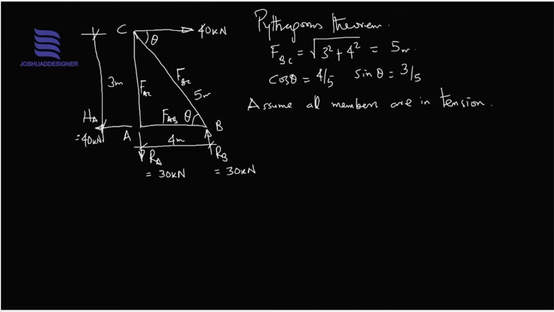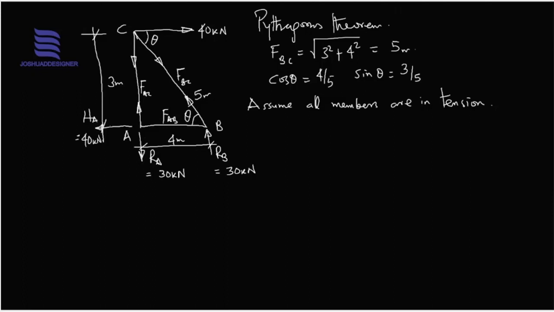And we know that tensile force acts away from the joints, all right? So we can say this member is in tension. We can also say this member is in tension.